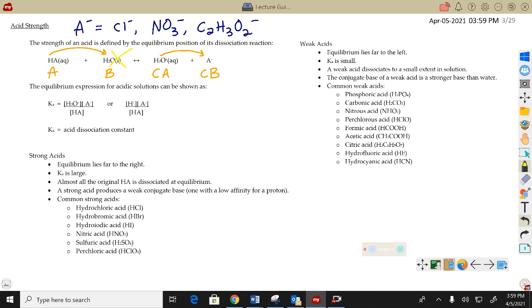So here's the general expression for the equilibrium constant from an acidic solution. And we call it Ka, where the a just stands for the acid dissociation constant. Now, sometimes you might see the hydrogen on the product side just written as H plus if somebody left the water out of their equation.